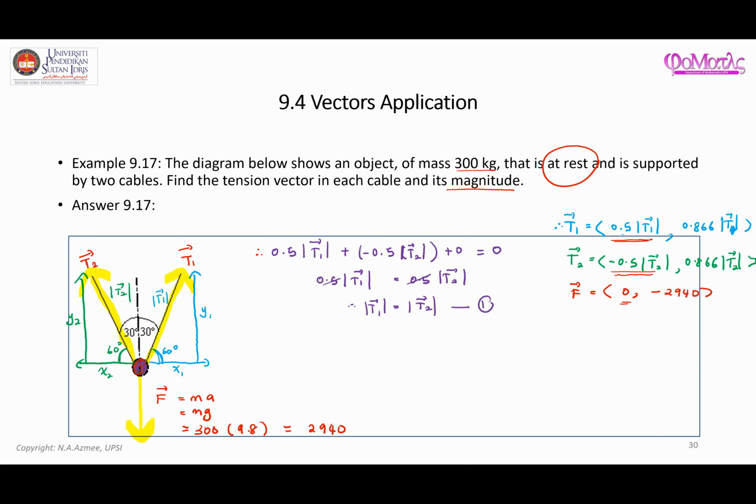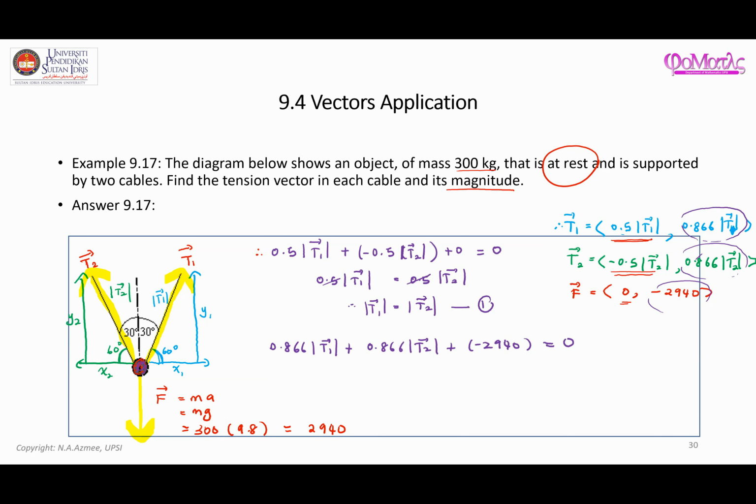Next, we are going to consider this part here. When you add up the y components, the result should also be equal to 0, because again the mass is at rest. So what we have here is 0.866 magnitude of t1 plus 0.866 magnitude of t2 plus negative 2940 must be equal to 0.